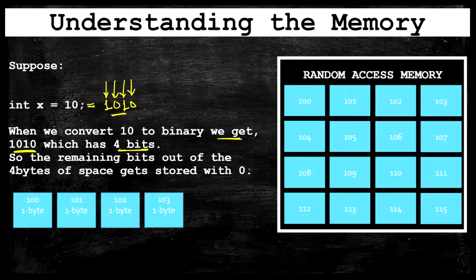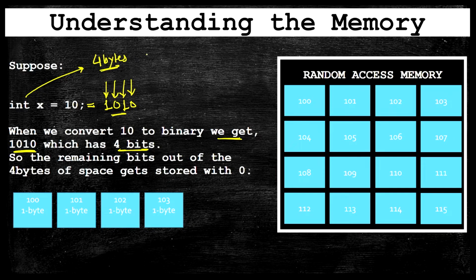And how many bytes does int take? Int takes 4 bytes. 4 bytes means how many bits? That means 32 bits. We have already done this in the first slide itself, where we learned that 8 bits make 1 byte. So 4 bytes consist of 32 bits. Right?